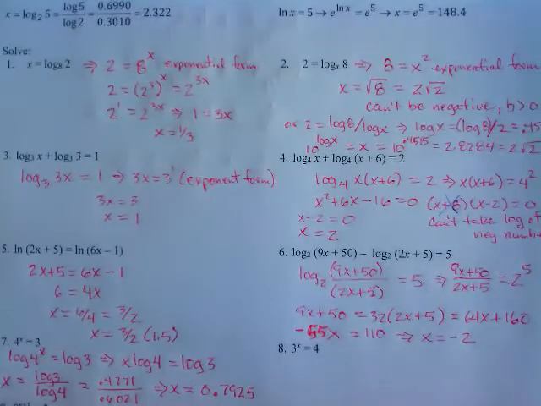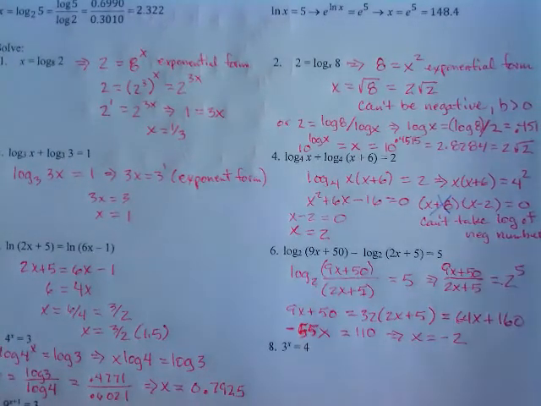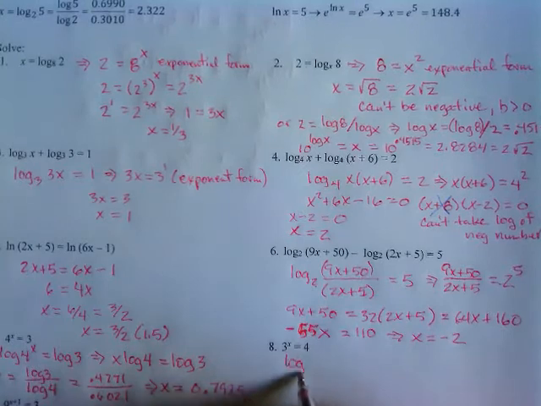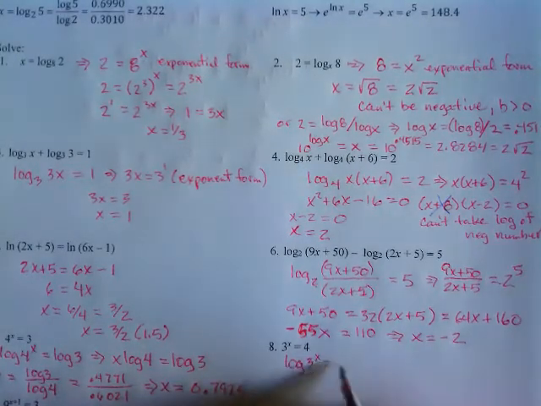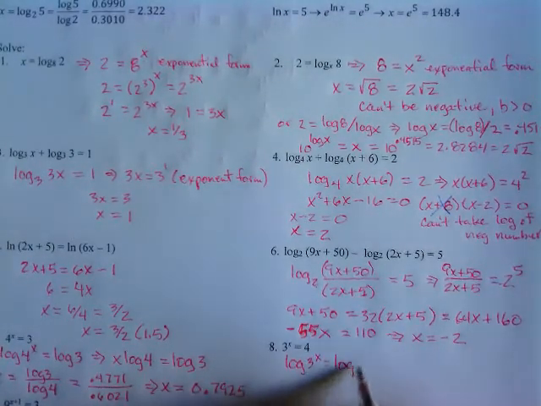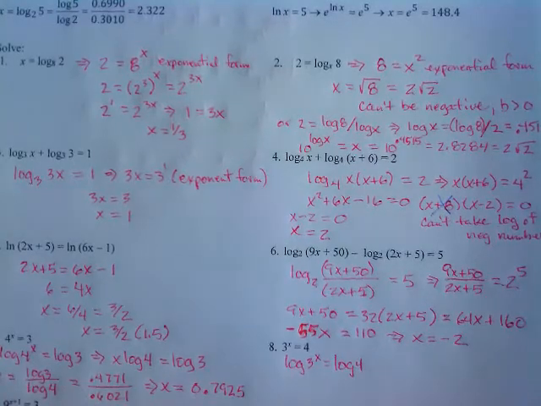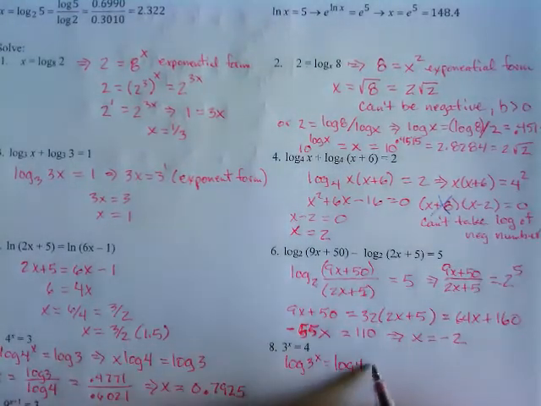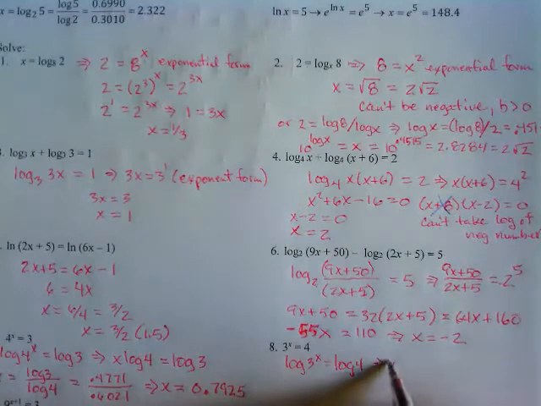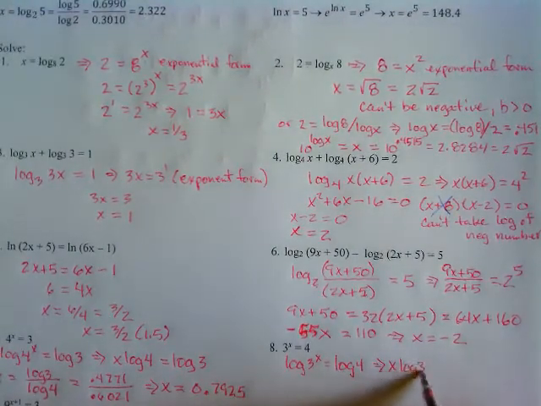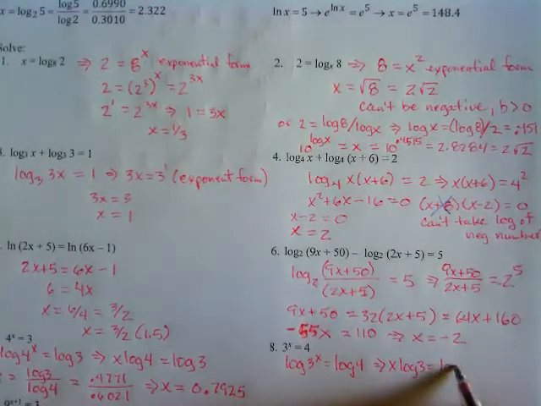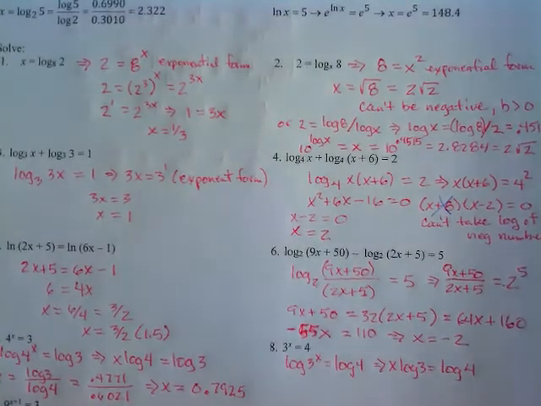Now, problem 8, similar problem. I'm going to solve it the same way. And so log of 3 to the x equals log of 4. Again, I just took the log base 10 of both sides. That then, of course, becomes x log of 3 equals log of 4.